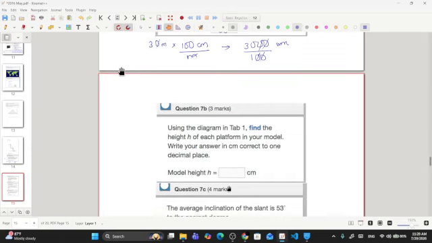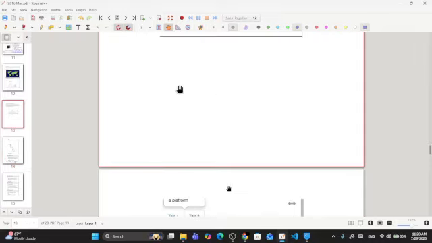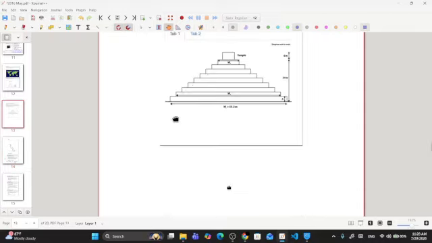Then it says, using the diagram in tab 1, find the height of each platform in your model. Write your answer in centimeters correct to 1 decimal place. There were 9 platforms like this, and the 10th was the temple of 6. So it's talking specifically about the first 9 platforms, not the last one.